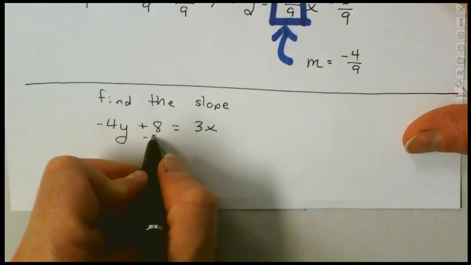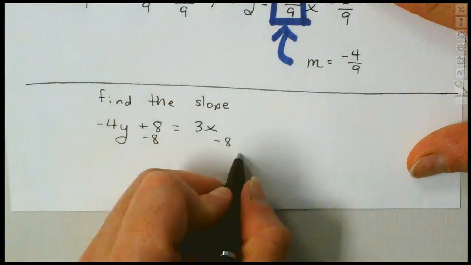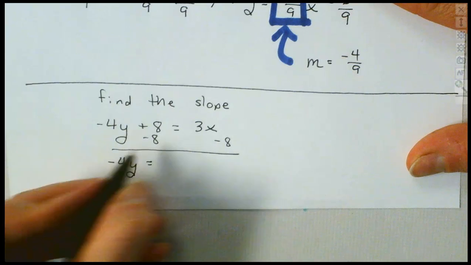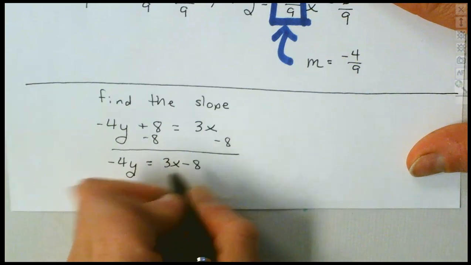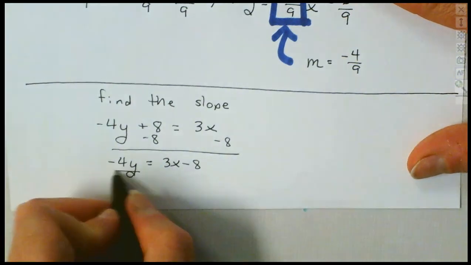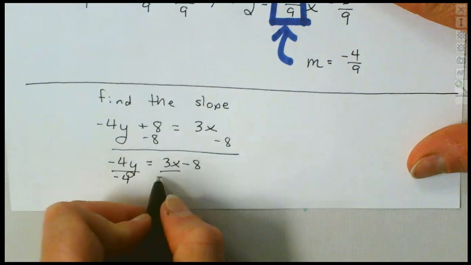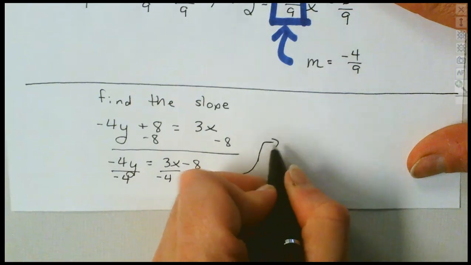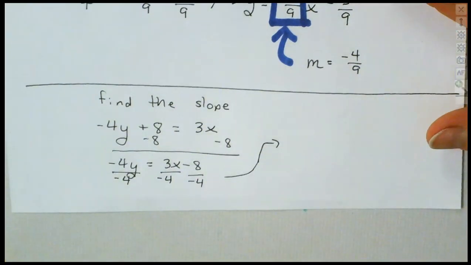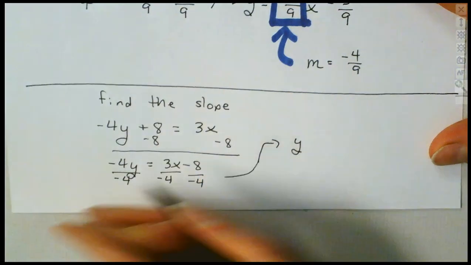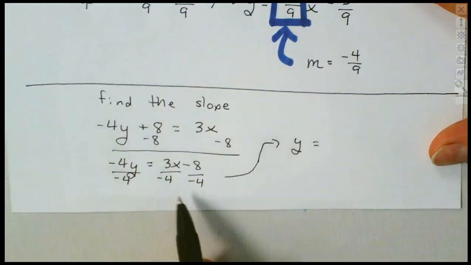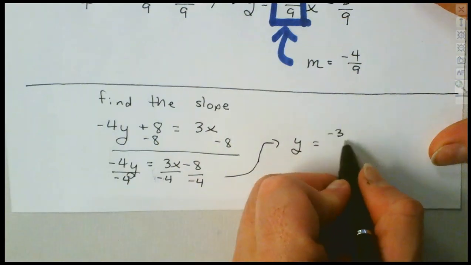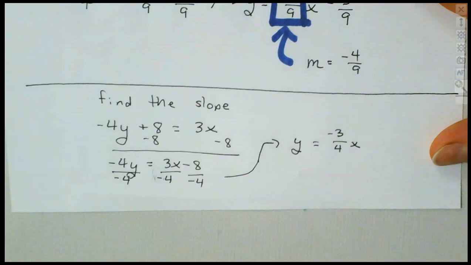So I'm going to move that 8 over. And then we've got minus 4y equals 3x minus 8. We're going to divide everything by our negative 4, and reduce down any of the fractions if we need to. So that leaves you now with y equals, and we bring this negative up to the top. So that's going to be a minus 3/4 x there.